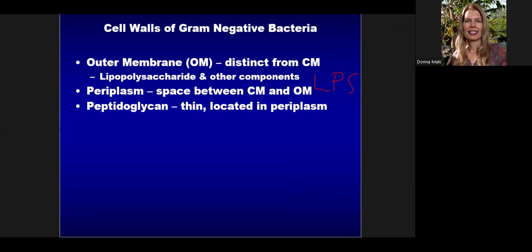So this outer membrane is not like the cell membrane, especially when they noticed that it doesn't seem to have any selective permeable capabilities, or not much. It allows a lot of stuff to go through. So that outer membrane isn't really the selective barrier like the cell membrane is.